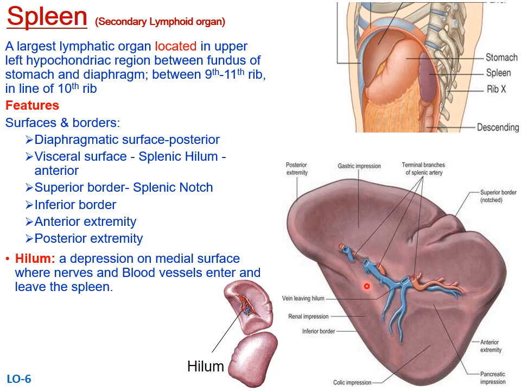That specific area is called the hilum. Here in the spleen, the central part is called the hilum, and this part is present on which surface? The anterior surface, because the posterior surface is smooth and runs along with the diaphragm. So the anterior surface contains the hilum of the spleen.